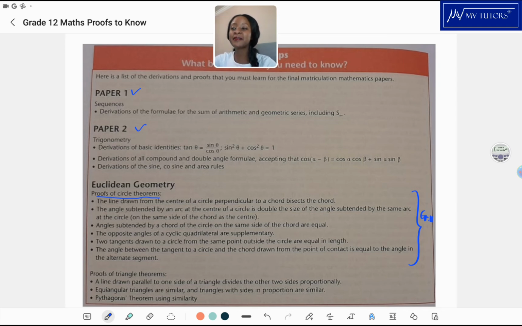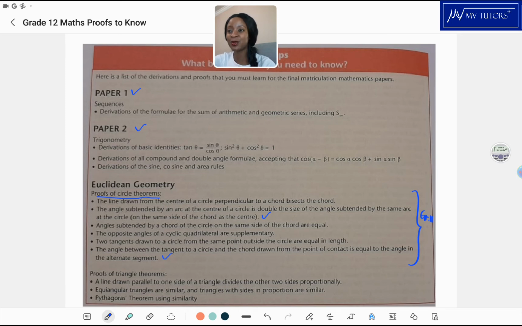The only ones that I've seen asked in matric, though I haven't looked at all papers that have been written ever since, are the tan chord theorem, where learners have to prove it, and also the angle subtended at the center is twice that at the circumference. Those are the 2 that I've seen.